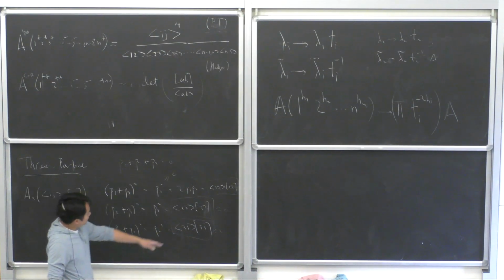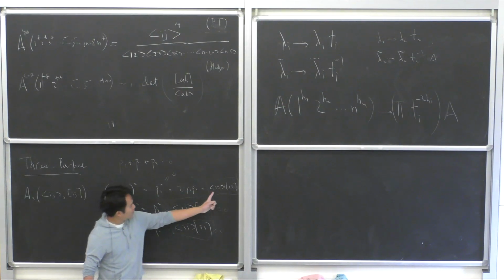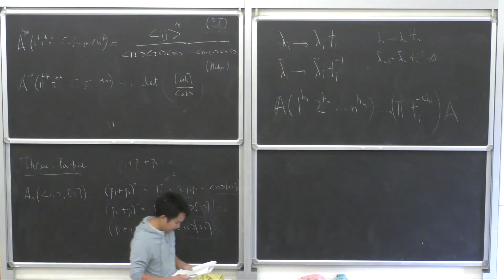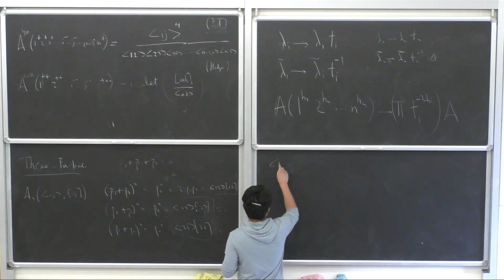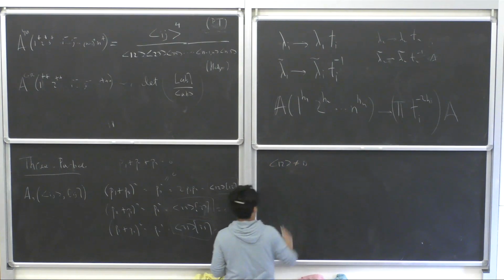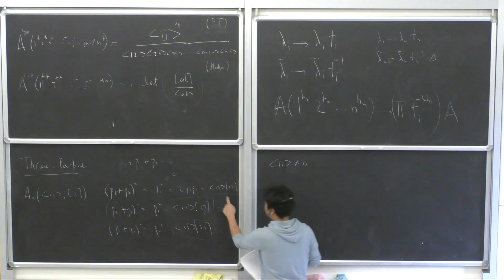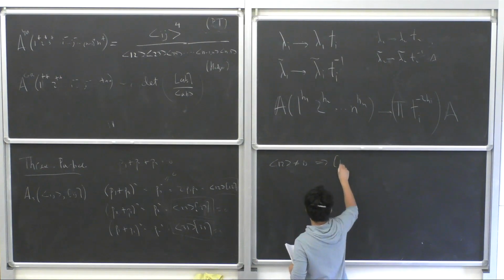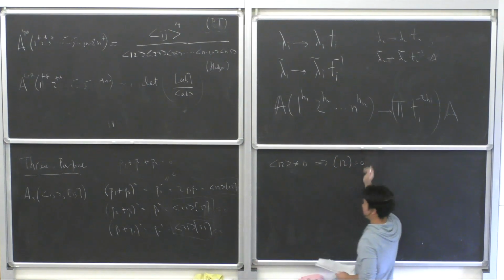Which means that these vanishing doesn't mean they're all 0, it just means that one of the factors is 0. So, for instance, let me assume that ⟨12⟩ is not equal to 0. If ⟨12⟩ is not equal to 0, then this implies that the other square bracket [12] is 0.